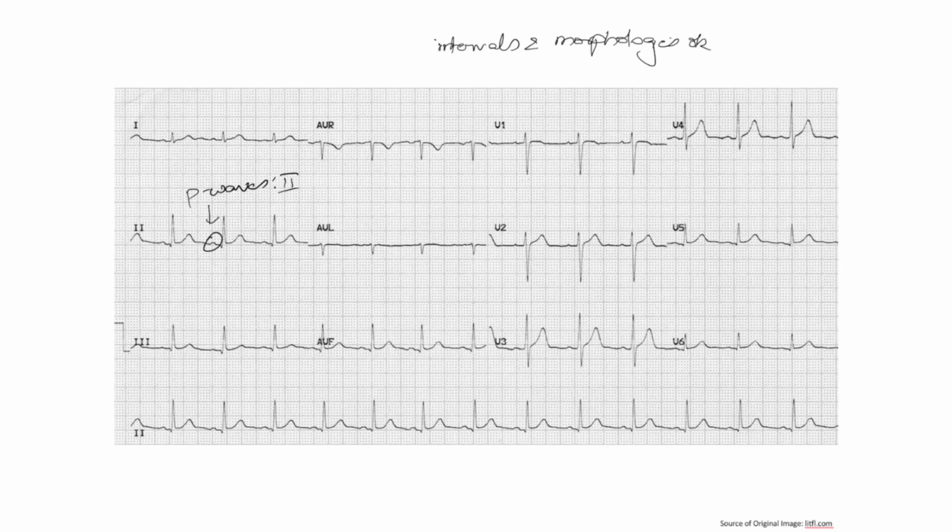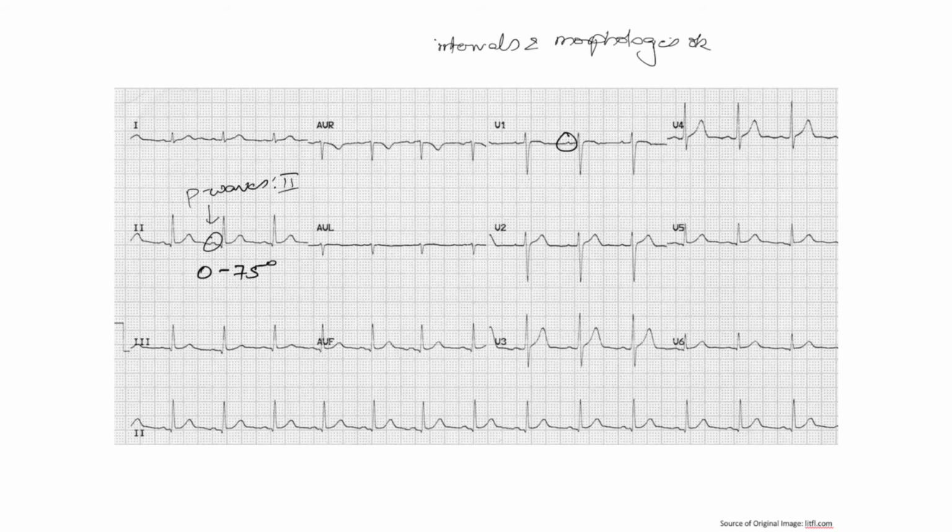And as we talked about previously, they're upright in lead 2, inverted in AVR, and often biphasic in V1. The axis is usually between 0 and 75 degrees, and usually they're not too wide and not too tall. So usually they're less than 0.12 seconds wide, and the amplitude is typically less than 2.5 millimeters.